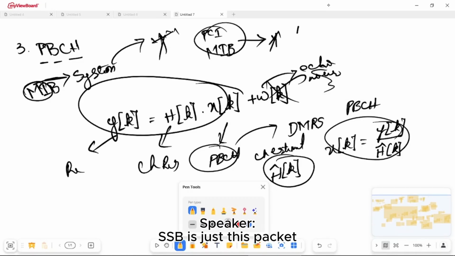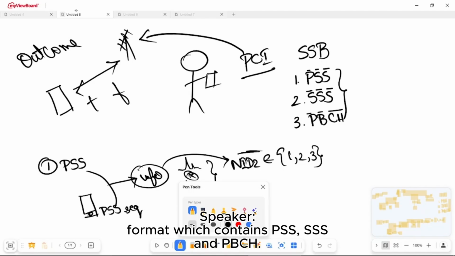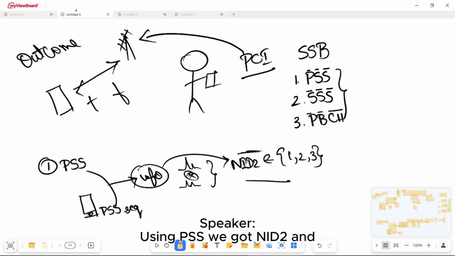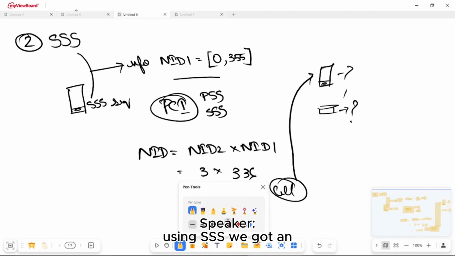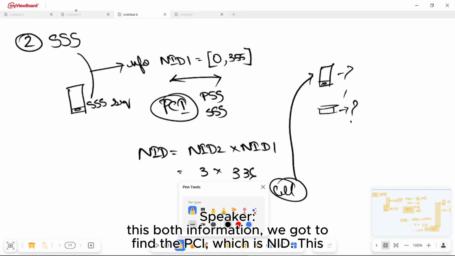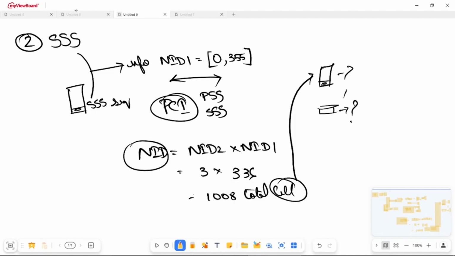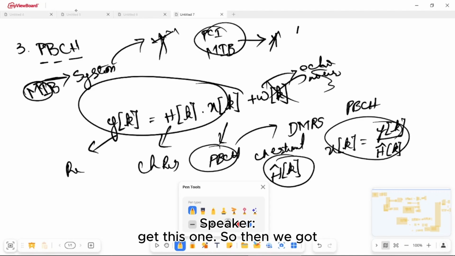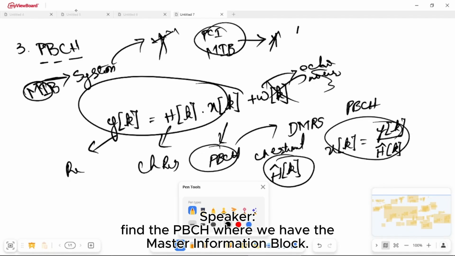SSB is just this packet format which contains PSS, SSS, and PBCH. Using PSS we get NID2, and using SSS we get NID1. Using both we find the PCI, which is NID. This is the formula and we get this one. Then we find the PBCH, where we have the master information block.